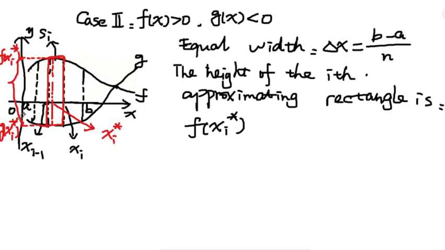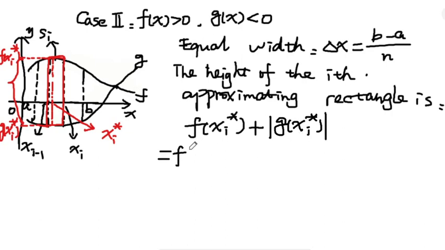And it should plus this length. How can we represent this length? g(x_i star), and we know g(x_i star) is a negative number. So from 0 below the x-axis to here, that is the absolute value of g(x_i star). So we should add the absolute value of g(x_i star), because g(x_i star) is the negative value.